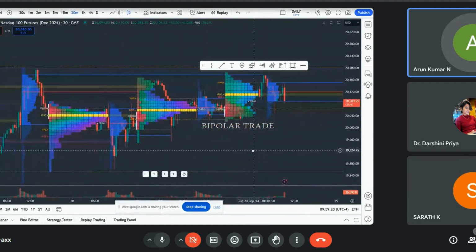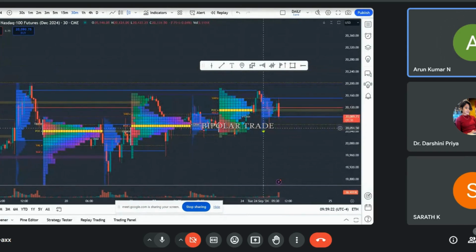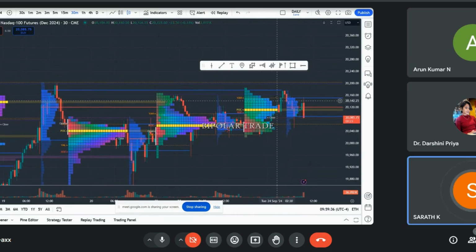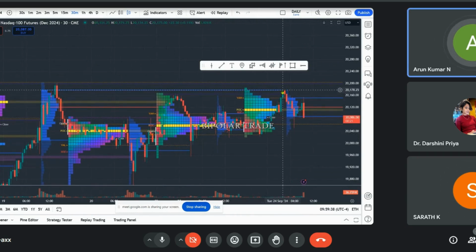As per the daily profile, the market had broken out of yesterday's value area high, and yesterday's volume value area. There are two profiles inside: one is the market profile value area, and the other is the volume profile value area. The market had taken a rejection exactly at the top of the volume profile value area. This blue line.